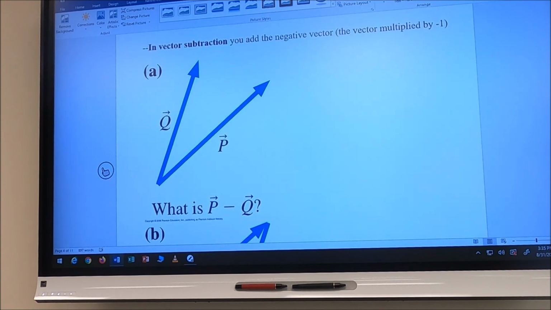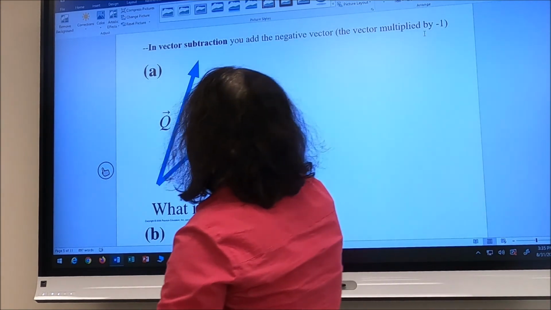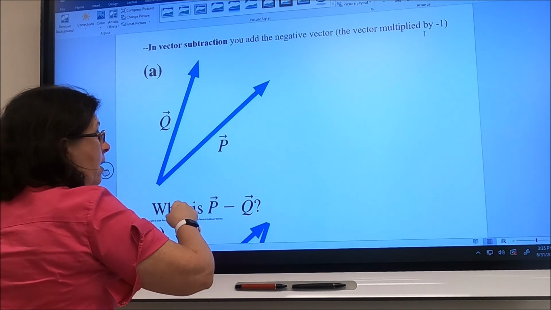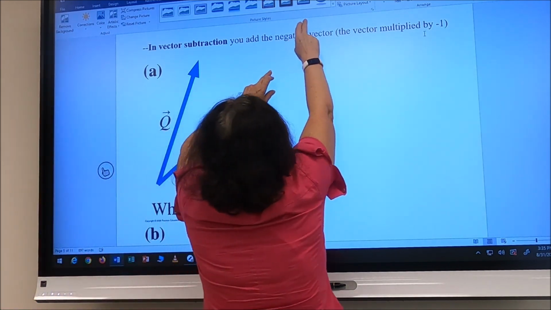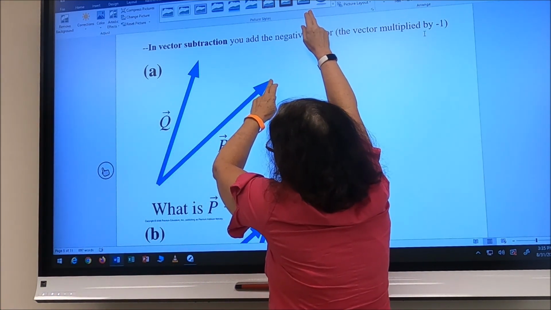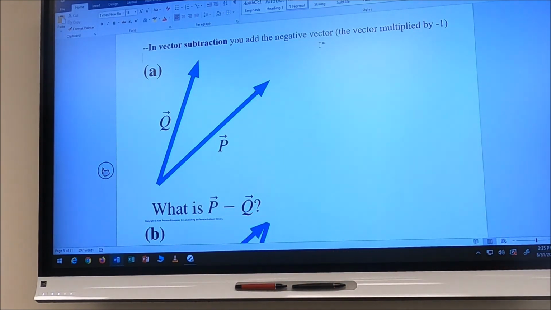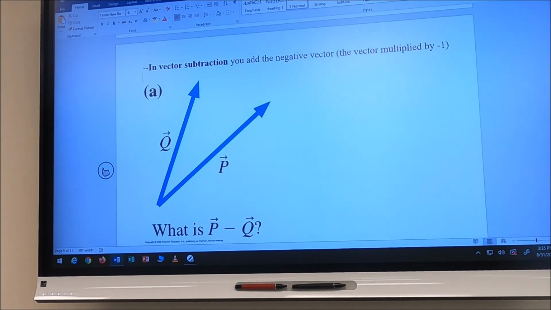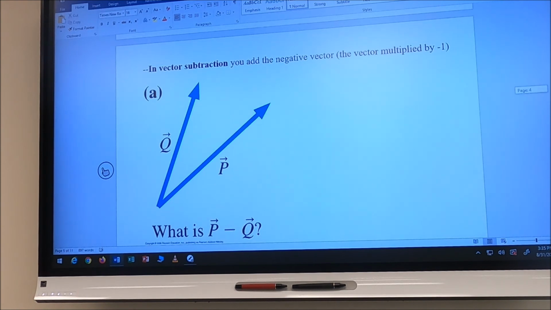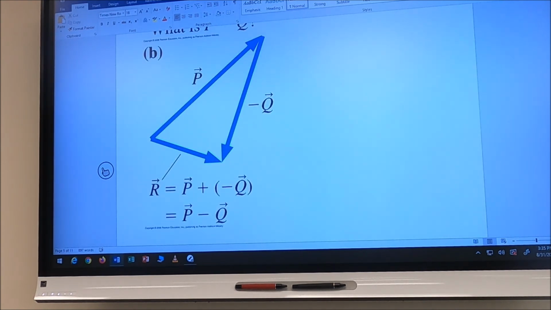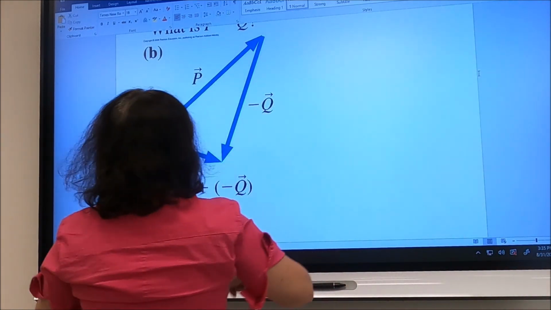Okay. Now, when we do vector subtraction, so if I had vectors Q and P here, and I wanted to take P minus Q, think about taking Q up to the tip of P, and then reversing the direction. So let me show you the images here. So vector r is q plus or minus p.